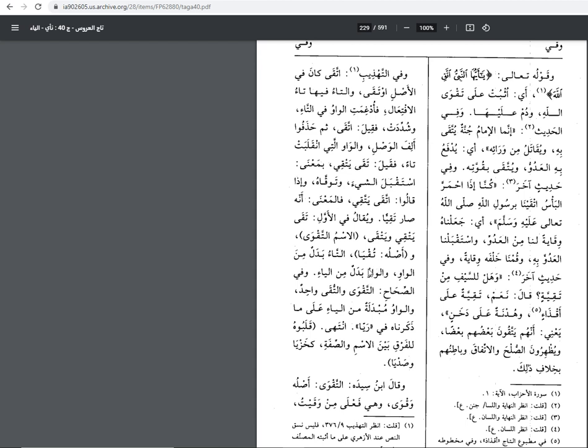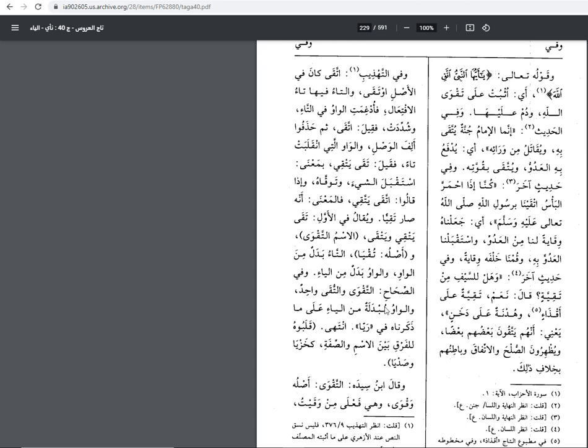So in القاموس المحيط, the original word of taqwa was tuqya. It was written tuqya, and the ta was changed from the waw, and the waw was changed from the ya.